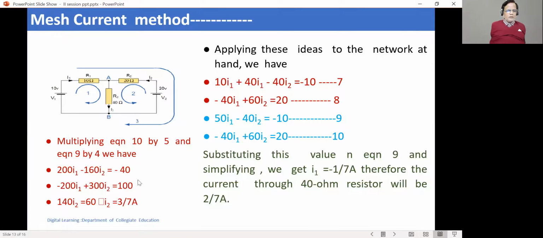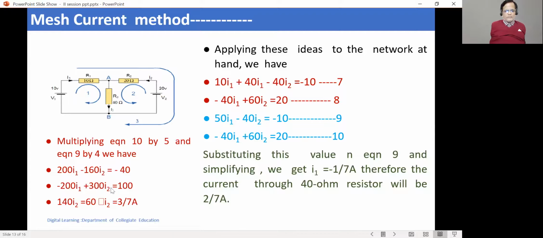We know how this simultaneous equation pair can be solved. Multiply equation 10 by 5 and 9 by 4. We end up with the same numbers as earlier. 200 I1 minus 160 I2 is equal to 40. Minus 200 I1 plus 300 I2 is equal to 100.